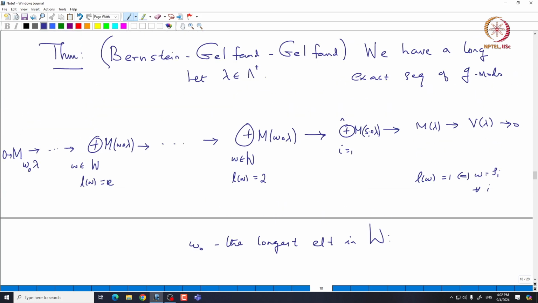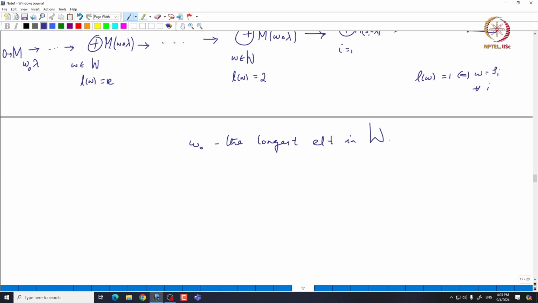So we have this very explicit exact sequence of g modules, and this is indeed happening in the category BGG. You can easily see that the modules involved in this resolution, except V lambda, are all infinite dimensional modules. So you have to enlarge the category. You embed the category of finite dimensional modules, usually denoted by C finite, inside BGG.